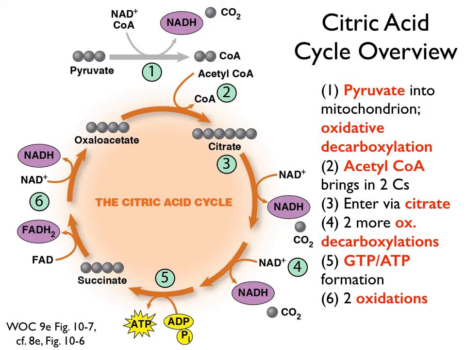Ultimately, a 4-carbon compound, succinic acid or succinate, is formed, and 2 additional oxidations occur, creating 2 more reduced compounds, a molecule of FADH2 and a molecule of NADH. If you just look at the cycle and you look at all of the purple ovals in this figure, what you realize is that the main goal of the TCA cycle, the citric acid cycle, is to produce reduced compounds.